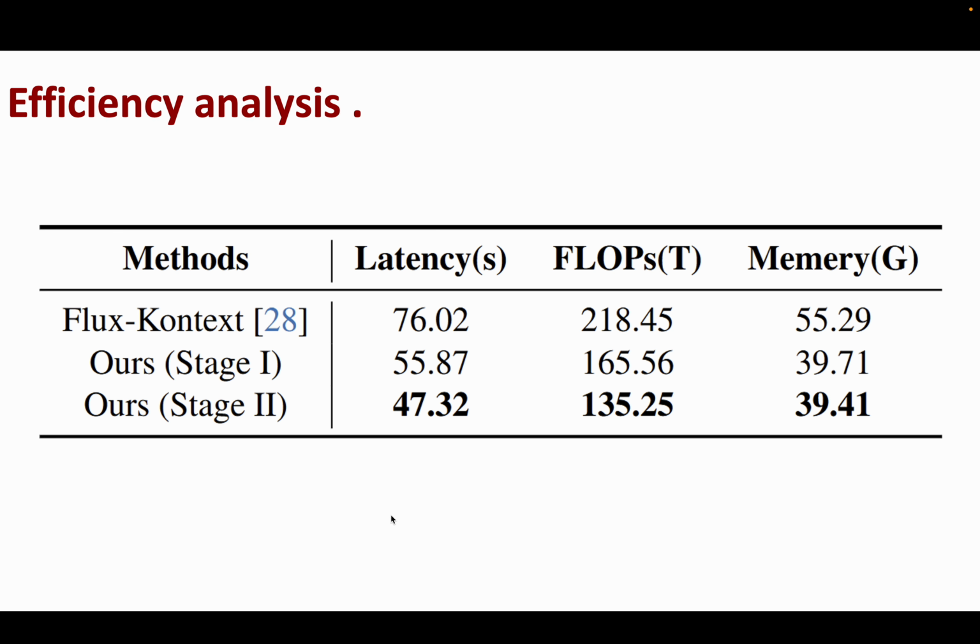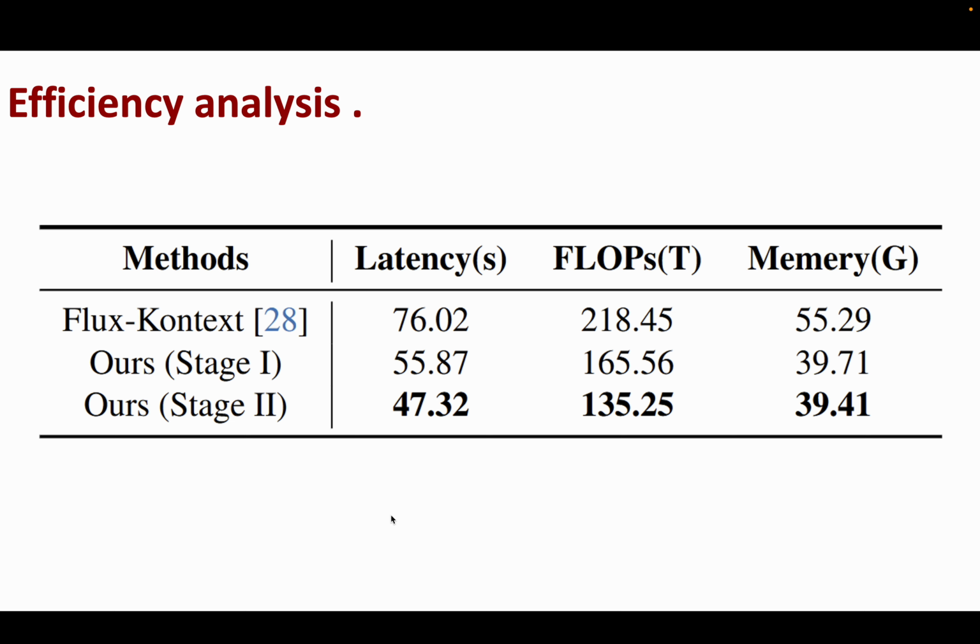We further evaluate the computational efficiency of our method in terms of inference latency, FLOPs, and GPU memory consumption, as summarized in the table. Leveraging decoupled attention, Stage I reduces latency by 26.5% and FLOPs by 24.2% compared to Flux Context, which uses native full attention, with notably lower memory usage.